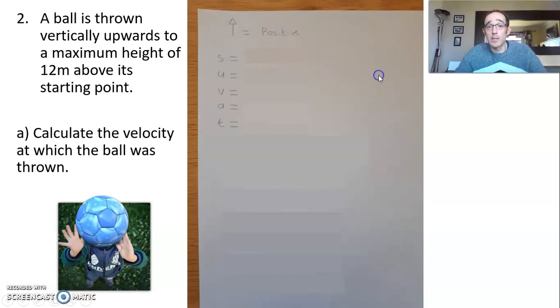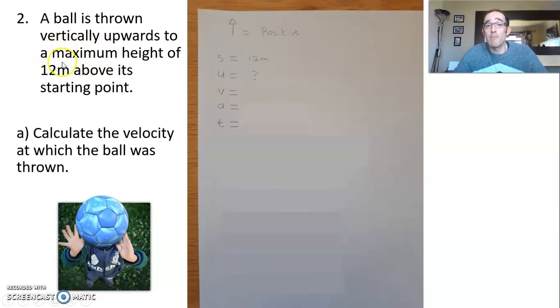The next thing we do is we write down suvat, and again take the information from the question. So we know the displacement when it reaches its maximum height is 12 meters. We don't know the initial velocity, that's what we're trying to find. So I'm going to make that question mark. Although it's not maybe obvious from the question, we do also know the final velocity when it reaches its maximum height.